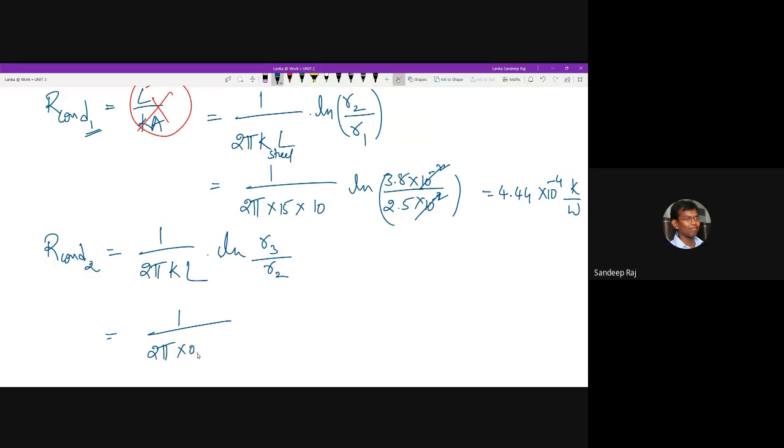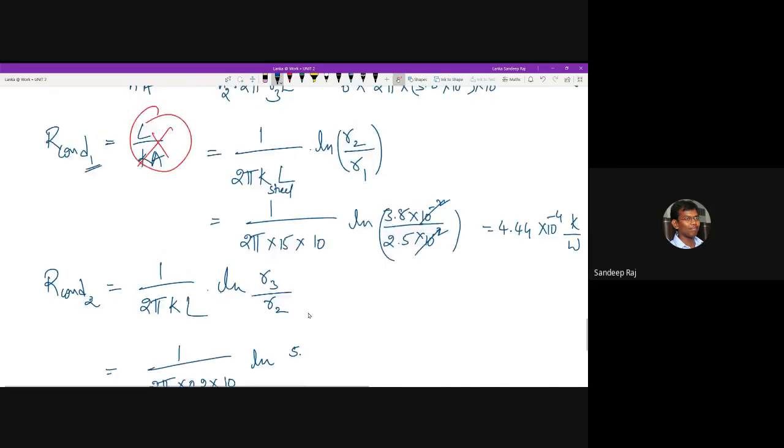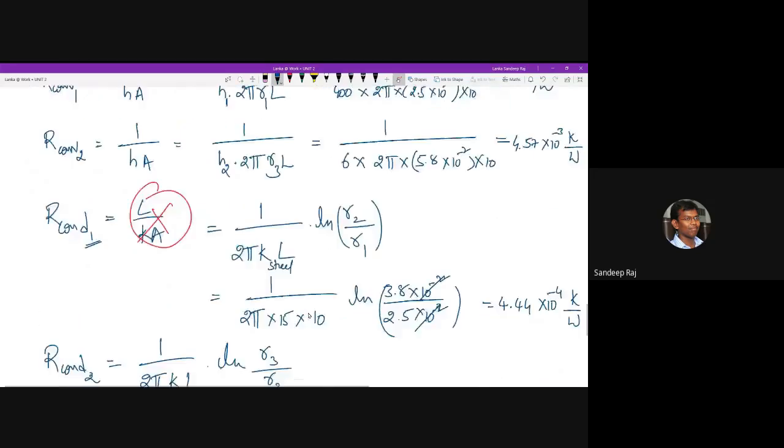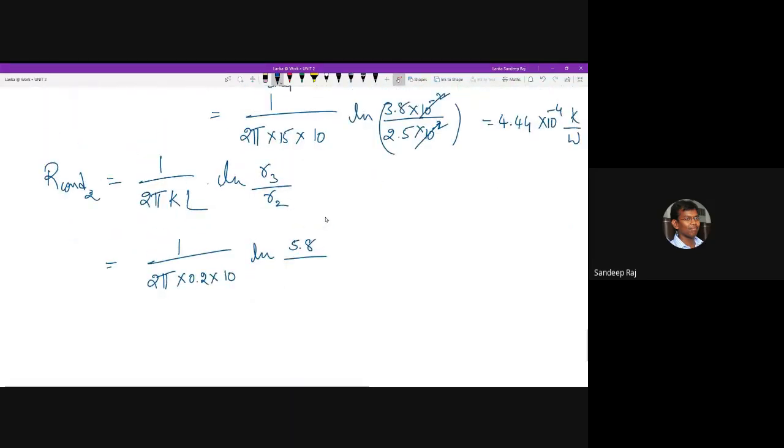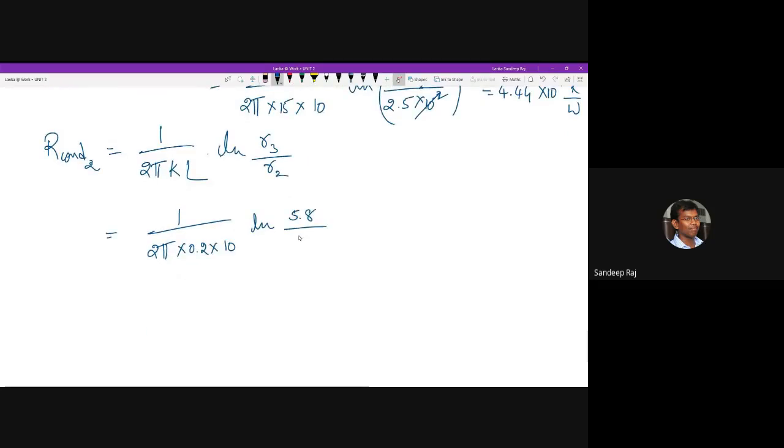The K value for insulation is given as 0.2 in the question, the L value is 10, and ln higher radius 5.8 by 3.8. Somebody tell me this value.